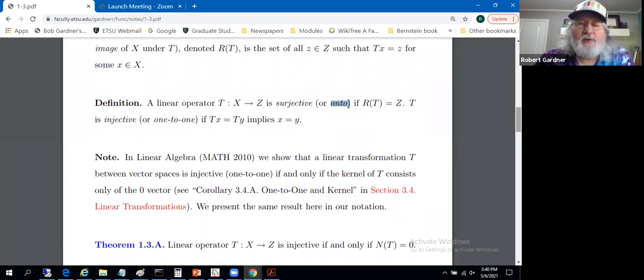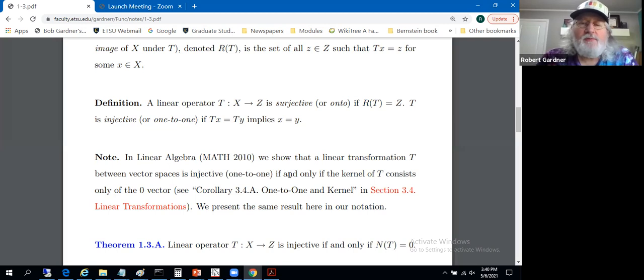And if a mapping is both surjective and injective, that is both onto and one-to-one, then it's called a bijection. I mean, that's common terminology, more so than this surjection, injection terminology. Bijections are used in lots of places. But anyhow, we might be interested in one-to-one and onto transformations before we're done.